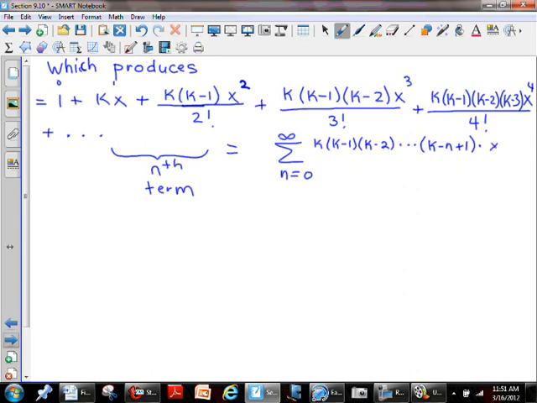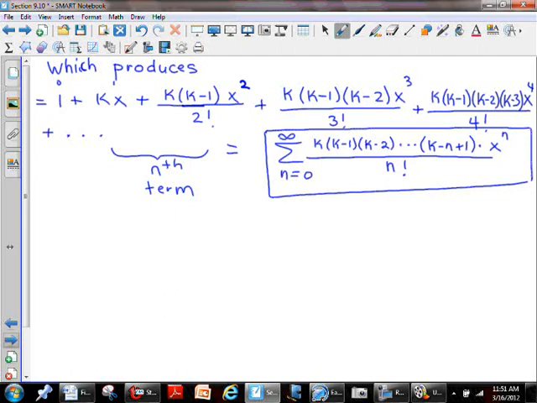And then we would have our x to the n all over n factorial. So that would be your binomial series representation as a power series.